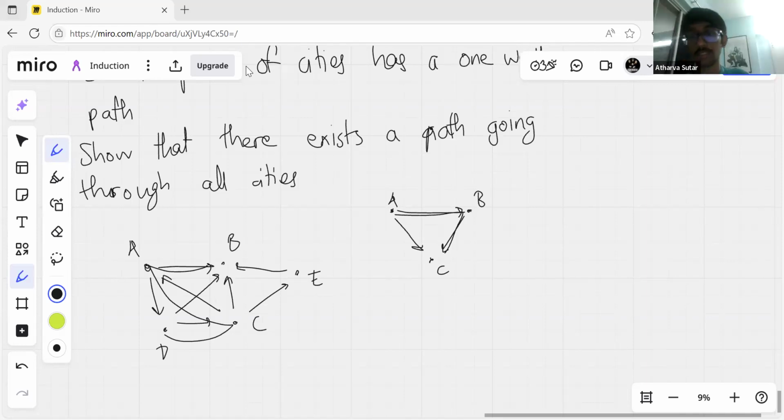But yeah, you're thinking in the right direction. The induction is on the number of cities, and you have to consider which path is going inside or outside.